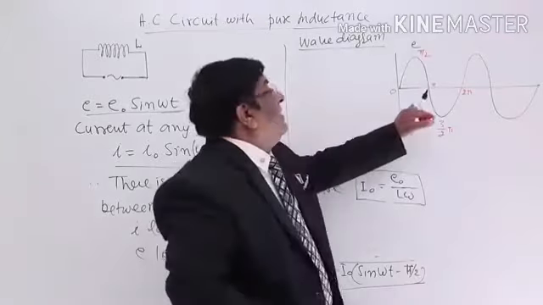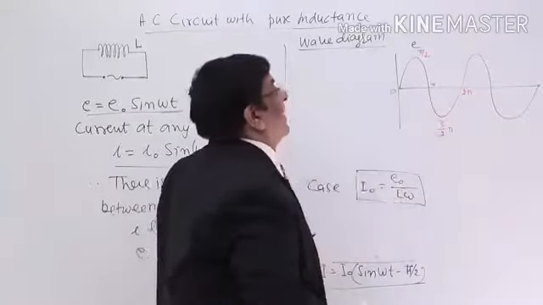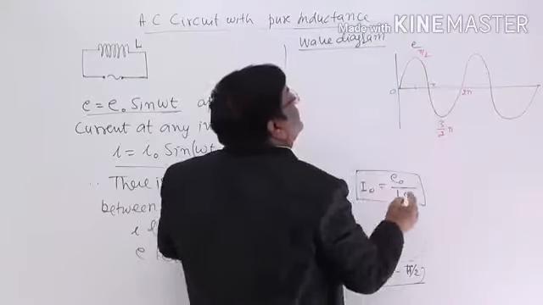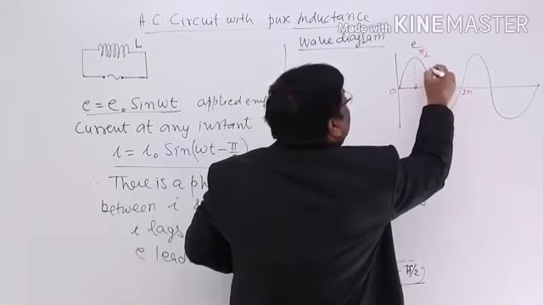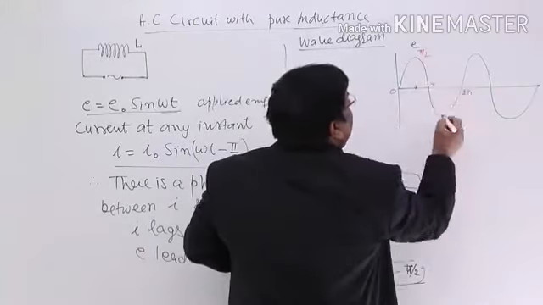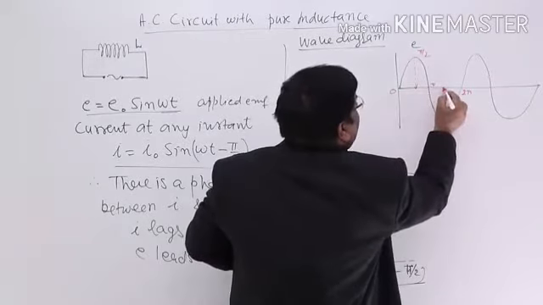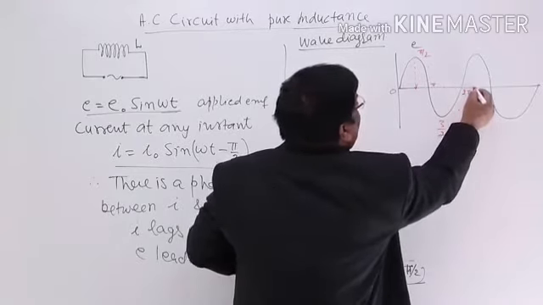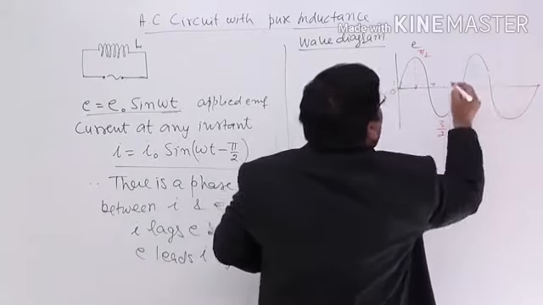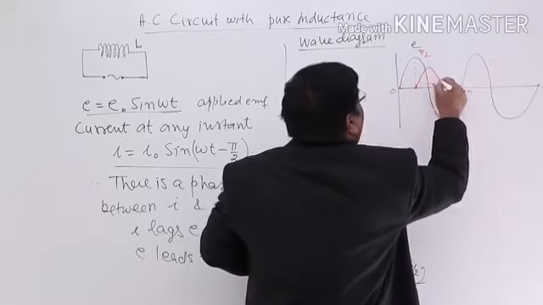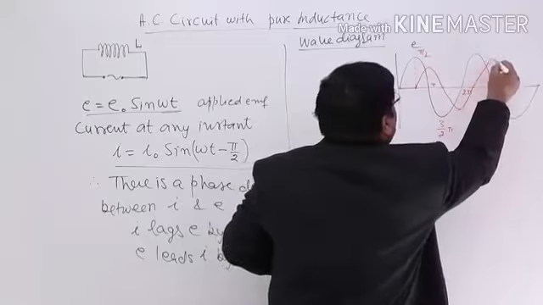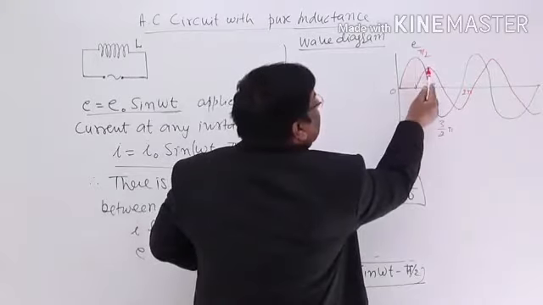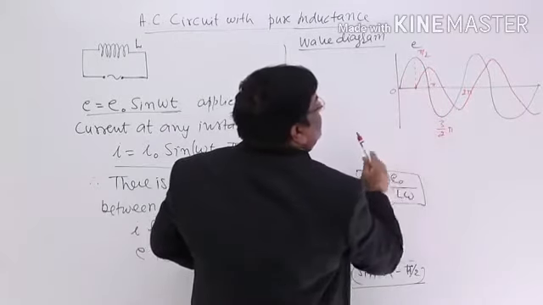So I starts after a phase pi by 2, so I starts from this point. This is the peak point of I, then pi by 2 this point, then pi by 2 this point, then pi by 2 this point. So the graph of I will be this. See, this peak and this peak, how much is the difference? Pi by 2.